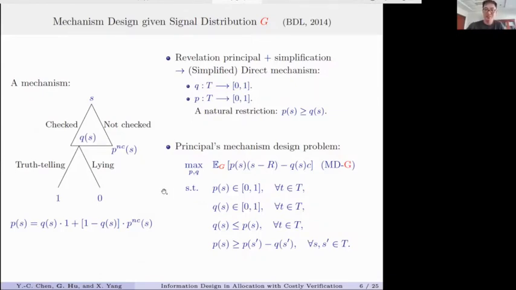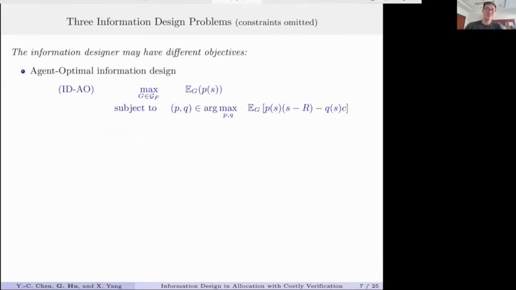So here we list the information designer's problems. As I just mentioned, the information designer may have different objectives. She may favor the principal. It's also possible to favor the agent. So the first problem we are going to consider is the agent optimal information design problem.